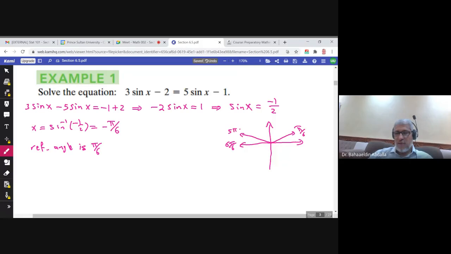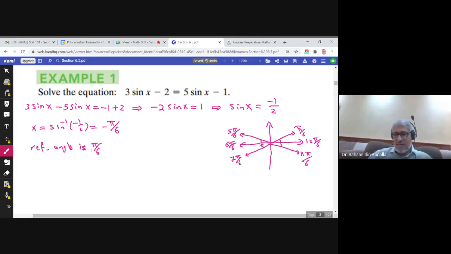So I have 5 pi over 6 here, and 7 pi over 6 here, and 11 pi over 6 here, and this is 12 pi over 6, 2 pi. Why am I considering these four angles? Now these four angles, pi over 6, 5 pi over 6, 7 pi over 6, 11 pi over 6, all of these four angles have a reference angle equal to pi over 6.